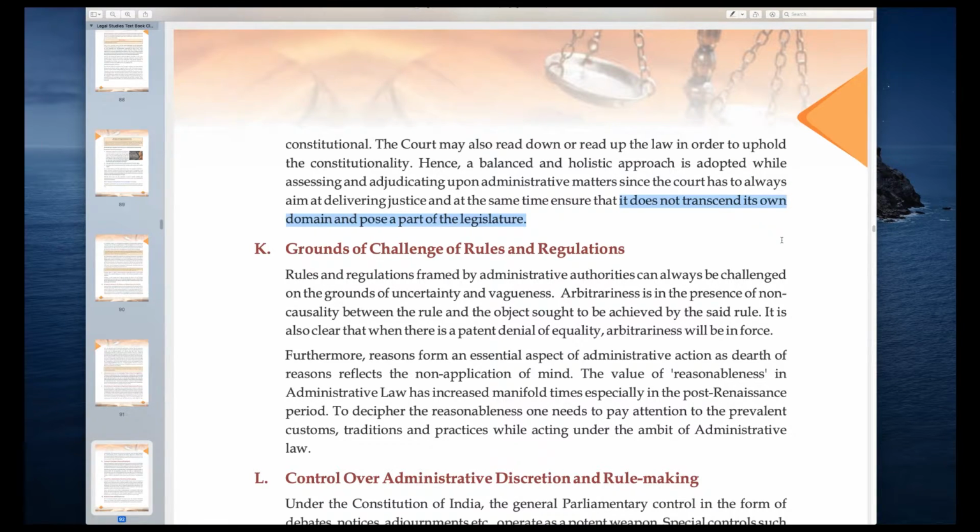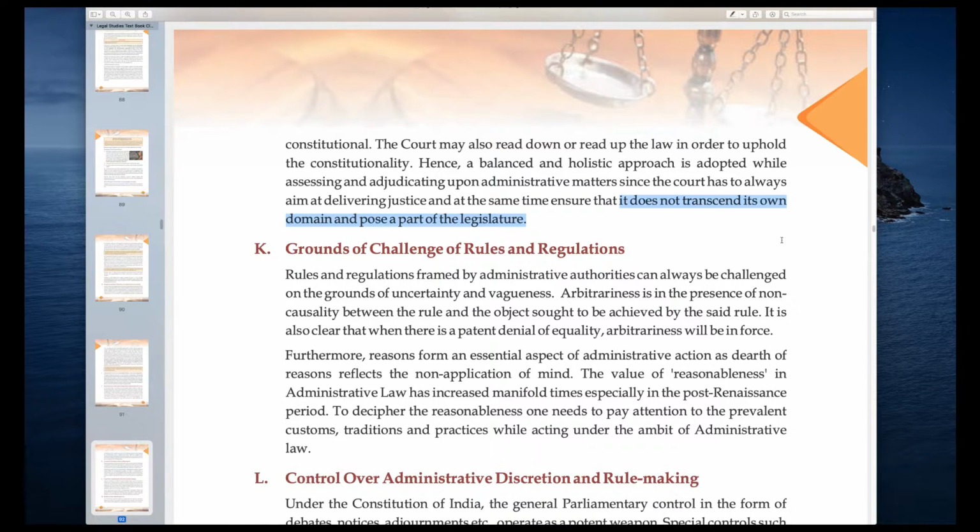Its power is to decide whether something is constitutional or not, but it has no power to legislate, because the power of legislation is only given to the legislature. So all the branches of the government have been given separate powers and none is supposed to interfere with each other.